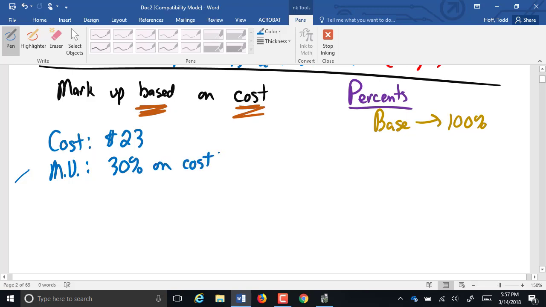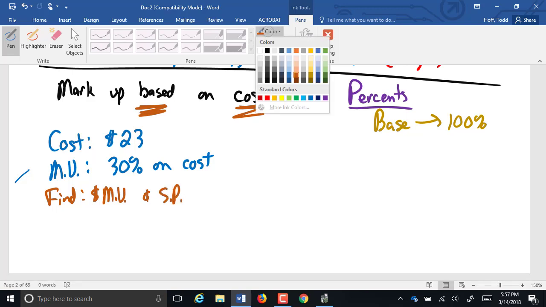We typically don't use the words based on cost, we just say it's 30% on cost, which does mean based on cost. So let's find the dollar amount of the markup and the selling price.